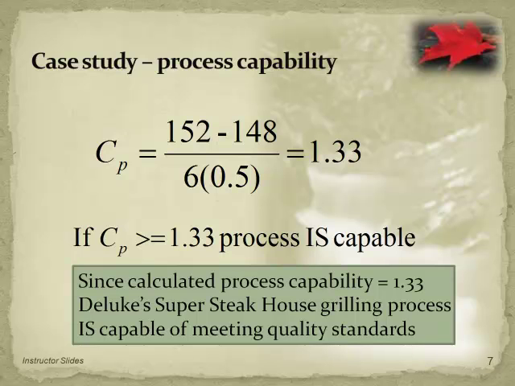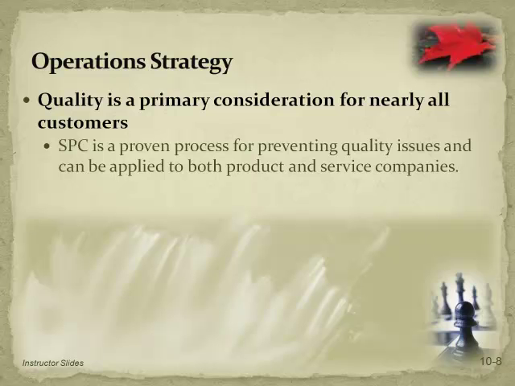The 1.33 was an agreed upon number from various quality organizations and experts in the field of statistical process control, who came to a mutual understanding that this is a good number, and if you have this number, then by definition, your process is capable.